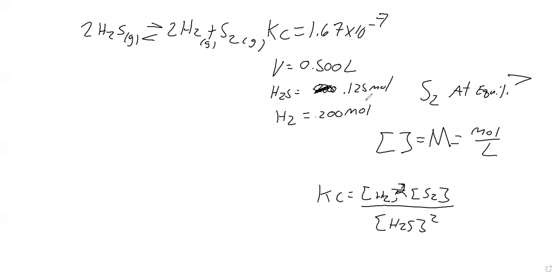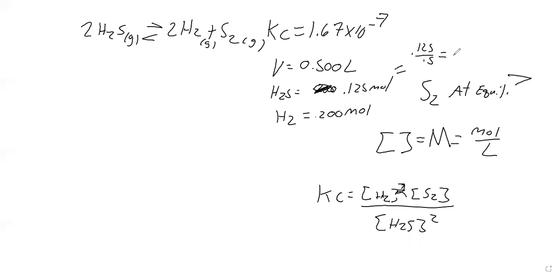So for gases, I'm just starting with moles. I'm given a volume, so I need to convert these into molarity. So for H2S, that's 0.125 divided by 0.5. Let me just do that real quick. So we have 0.125 divided by 0.5, 0.250.